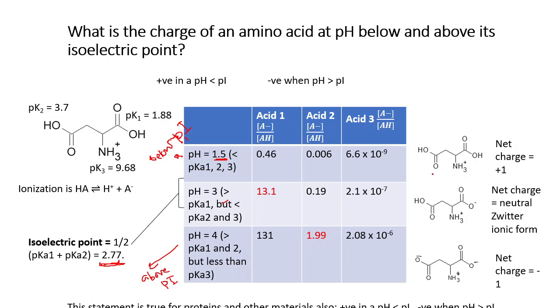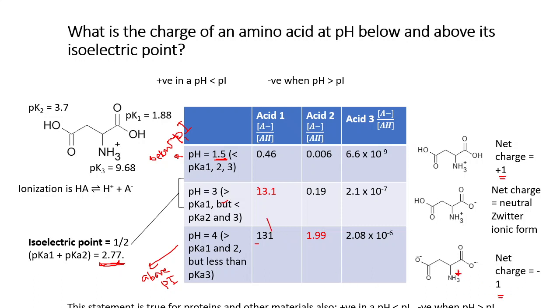Okay, and if you do the chemical structure of this one, when the pH is below its pKa, and you can do those calculations again, the net charge would be plus 1. At the isoelectric point the net charge is neutral, and above the isoelectric point the net charge would be minus 1.